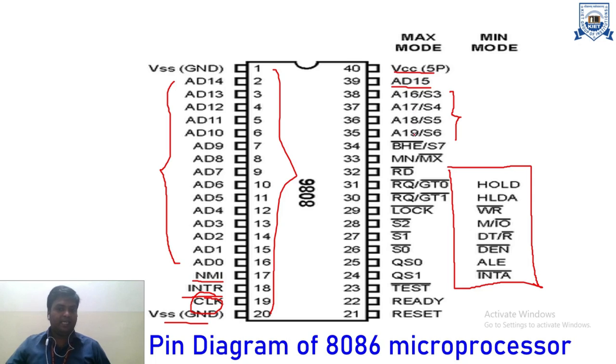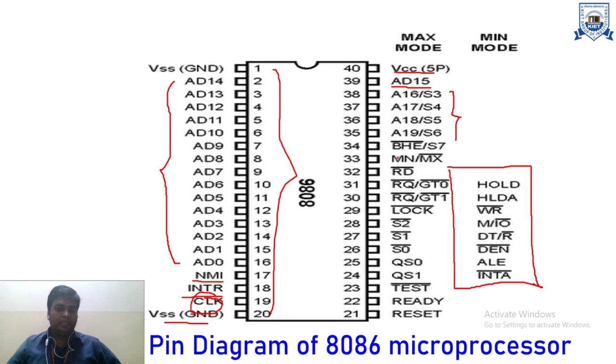A16, A17, A18 and A19 are considered address information as well as status information. S3 and S4 tell which segment we are talking about. S6 will always remain logic 0, S7 also remains logic 0, and S5 gives information about the registers.